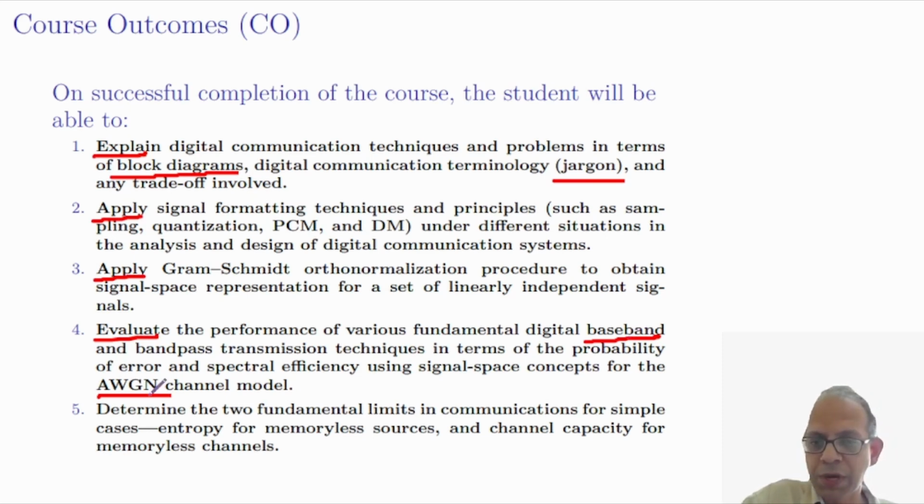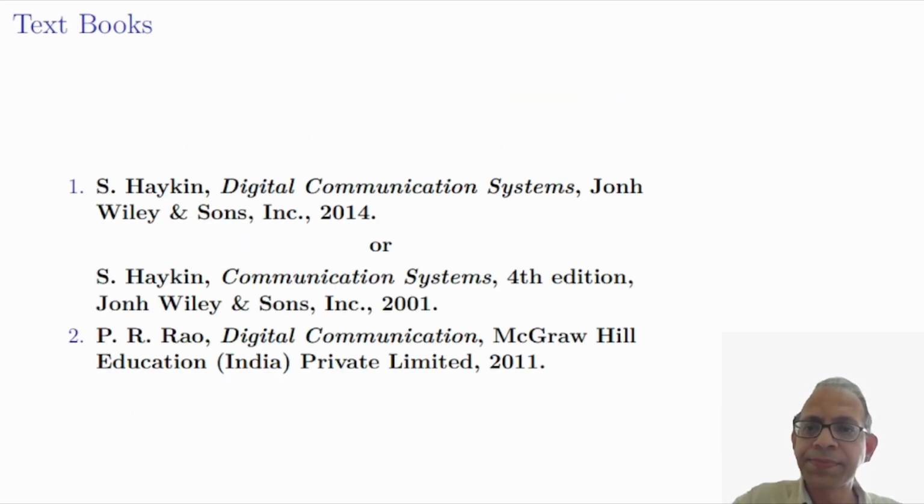The fifth course outcome is the ability to develop the skill to determine the two fundamental limits in communications for simple cases. One, entropy for memoryless source, and two, the channel capacity for memoryless channels. And the meaning of these course outcomes will become clear as we proceed with the course.